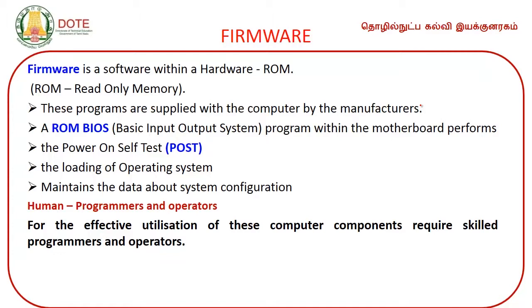So, for operating a machine, we need efficient operator or a programmer. So, for the effective utilization of these different components like hardware, software, firmware, etc., we need a skilled programmer or operator.